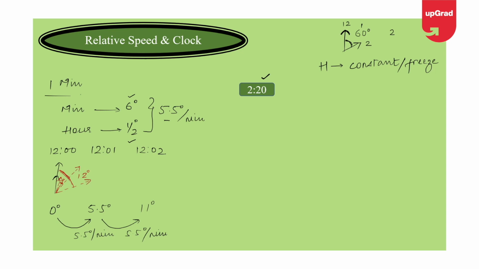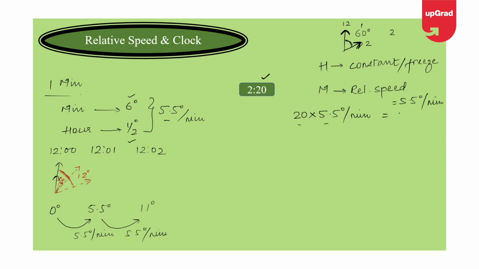Freeze the hour hand and move the minute hand with relative speed, which is 5.5 degrees per minute. So I freeze the hour hand over here and run the minute hand with relative speed for 20 minutes. And what is the relative speed? 5.5 degrees per minute.